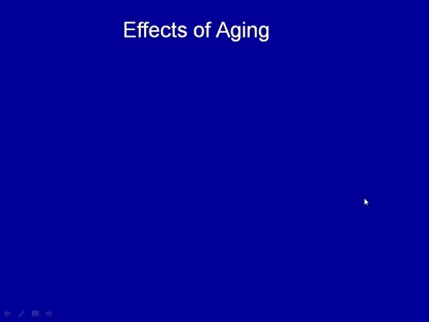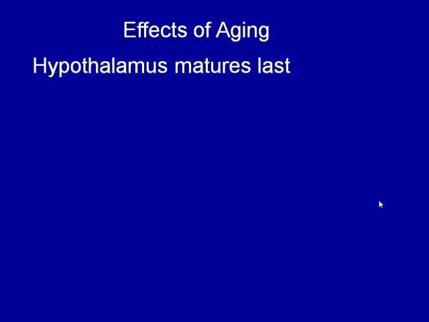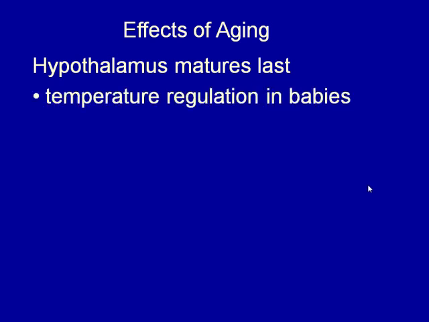There are a lot of things that happen to the nervous system starting from birth and going on to old age. Your brain is pretty well developed when you're born, but the hypothalamus is the last part of the brain to mature. Now, the hypothalamus has all of those homeostatic control mechanisms, including your thermostat, so temperature regulation in babies may not be fully developed.